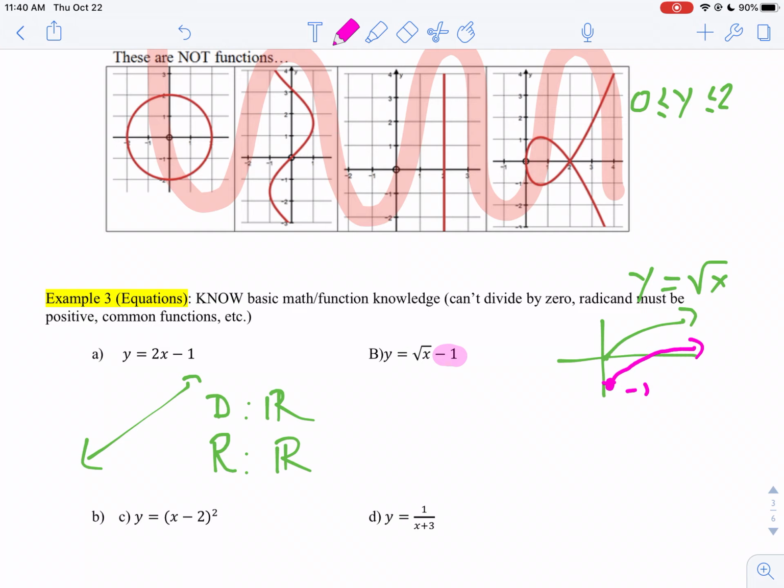So just by looking at the graph, you know that your domain has to be all non-negative numbers. Your x has to be equal to 0 or greater. And your range for B, again, starts at -1 and keeps going up forever. So your y will start at -1 and keep going. That would be the answer to B.